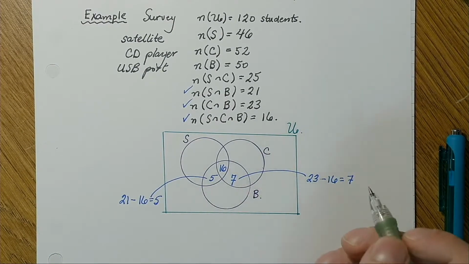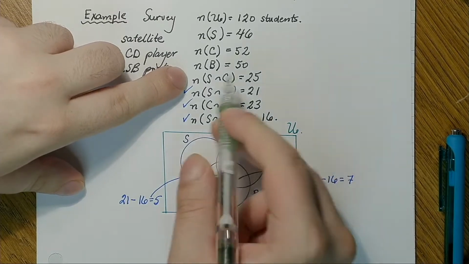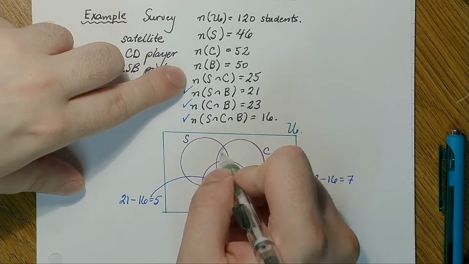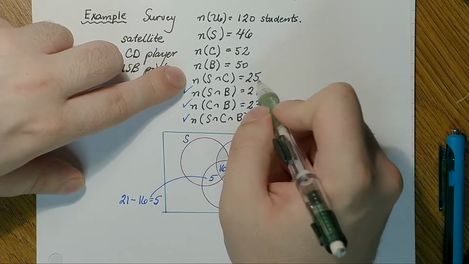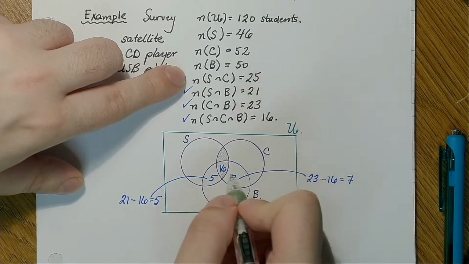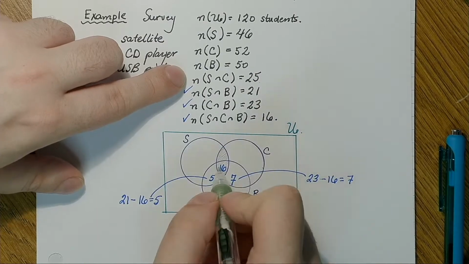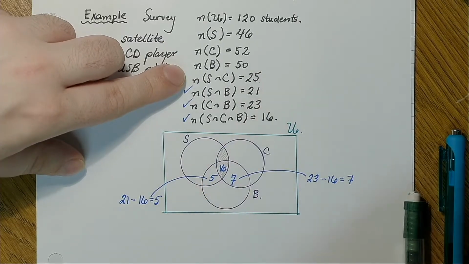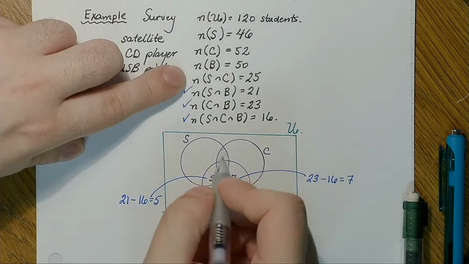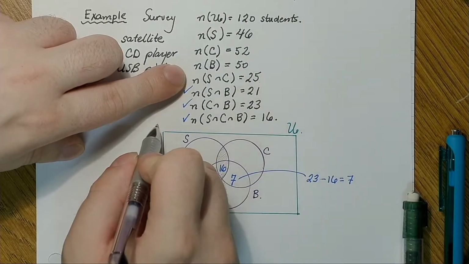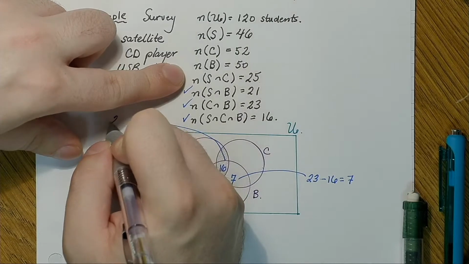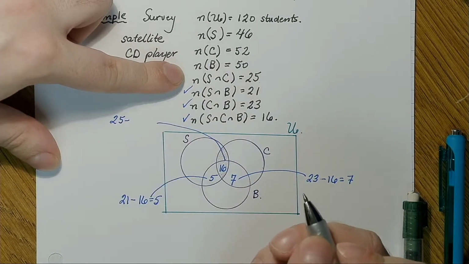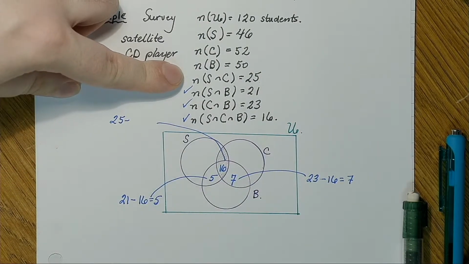Okay, so in the next one we have S and C. So we're looking at this one right through here. So you have 25, and again we have the 16 that's still in the three-way intersection there. So you'll have 25 minus the 16, right?